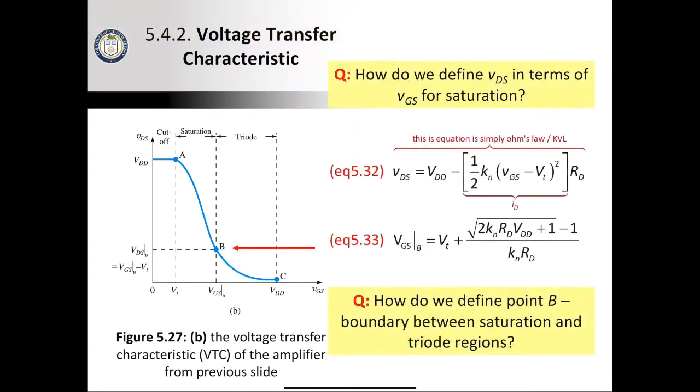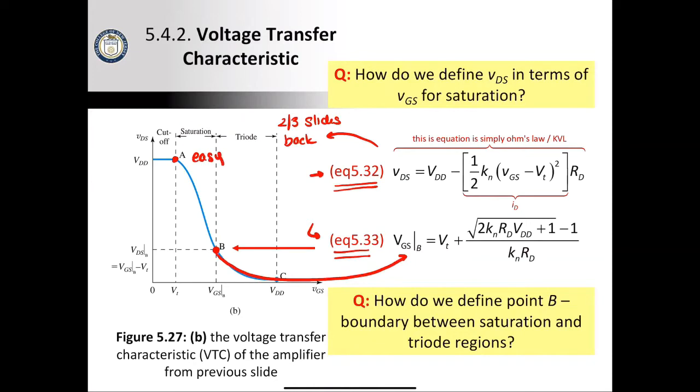Okay, these equations I believe we also talked about last time. This is the relationship between the output and the input voltage. Same equation from 2 or 3 slides ago, except now we substitute in for ID with the actual VI relationship for the MOSFET in the saturation region. And then this down here gives us the value of VG at this point B. The point A is relatively easy because we know that VGS will be equal to VT, the threshold voltage.